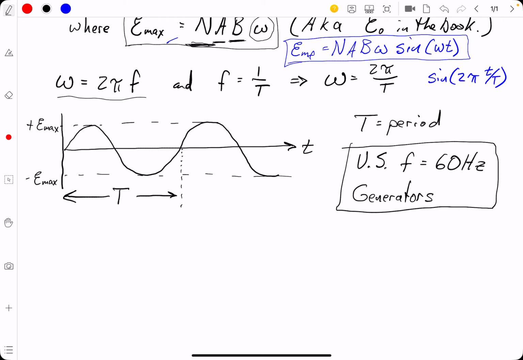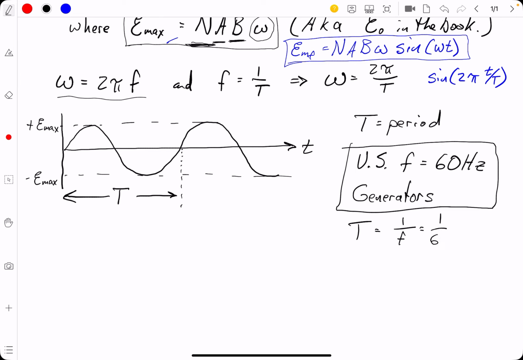The frequency is 60 hertz in the United States for a generator. You can go through and figure out what that means for a period of rotation. We can just say that our period is equal to 1 over the frequency.